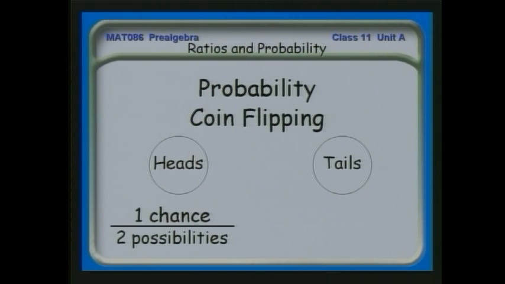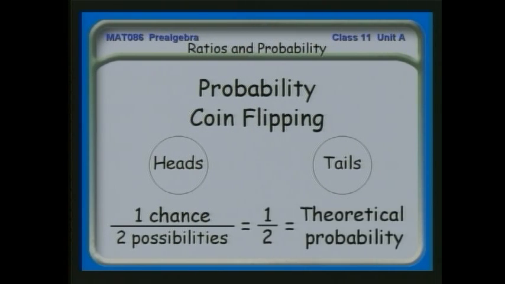We can express that as a ratio, 1/2, and that describes what's called the theoretical probability, because if there are two possibilities, heads or tails, and they're equally likely, and I flip it one time, there's one chance in two possibilities that I'll be right, so my probability is 1 in 2, or 1/2, that it'll be either one or the other.